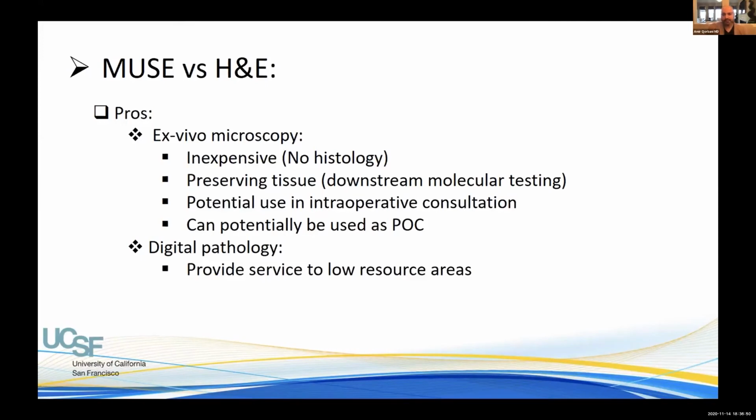So it preserves the tissue. For example, if you have a sample, the patient has a mass, you don't know what it is, and you don't know if you have to send it for flow cytometry, cytogenetics, or any other tests. If it's H&E, you have to do the frozen section. The frozen section damages the tissue, or if you put it in formalin, you cannot send it for molecular testing further on.